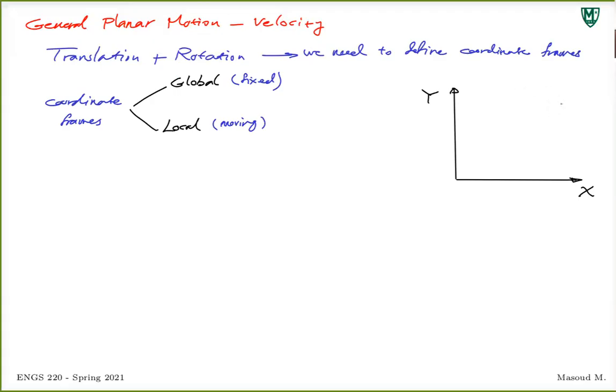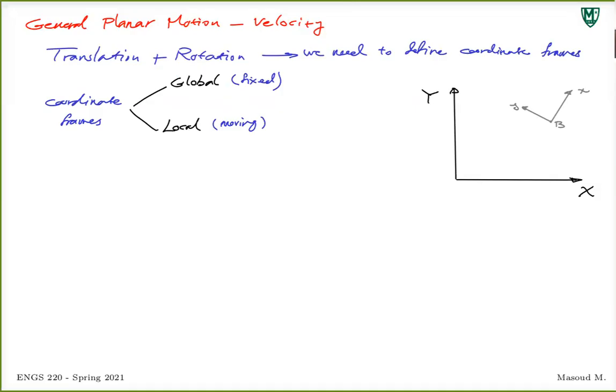Let me just put it in some random direction, and I'll show that with lowercase x and y. And call the origin of this frame B, and that's pretty much it.